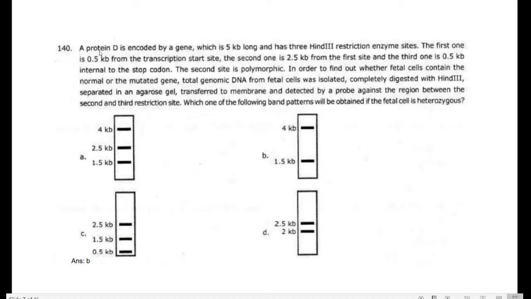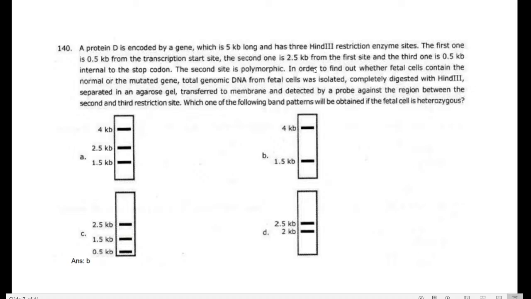So the second region alone can be recognized. The second site is at 2.5 kb from the first site.